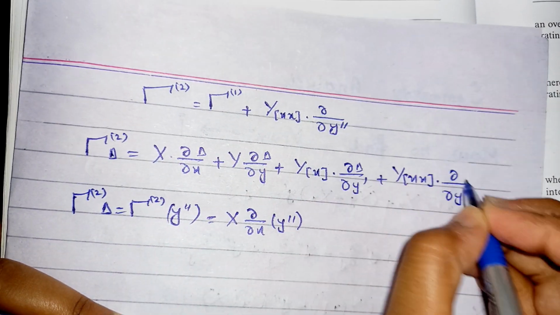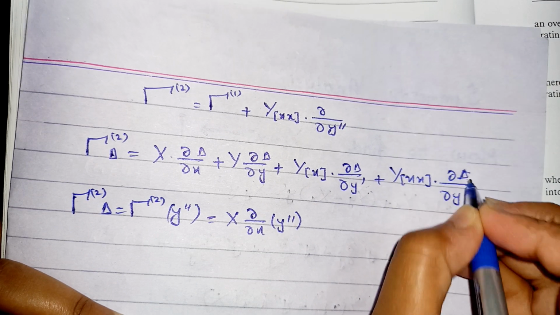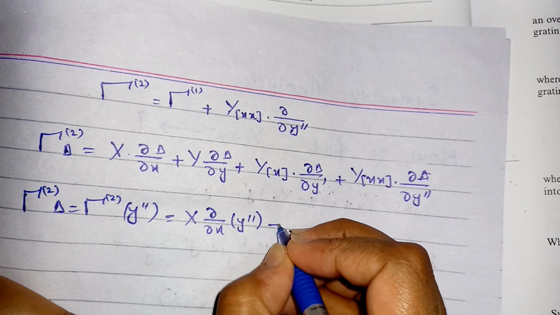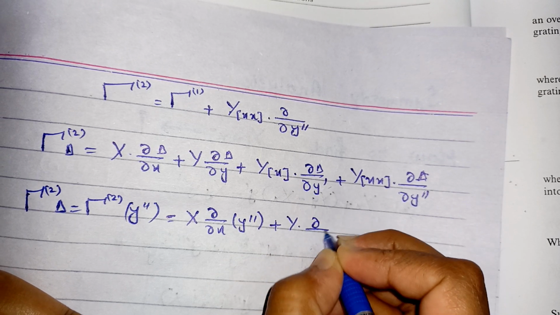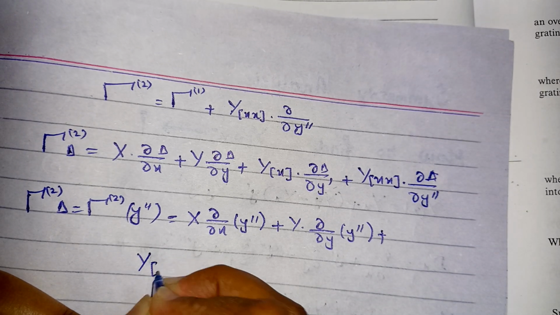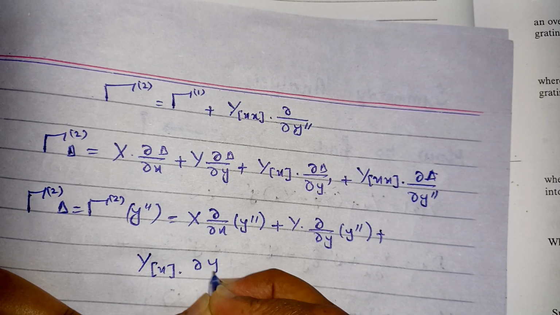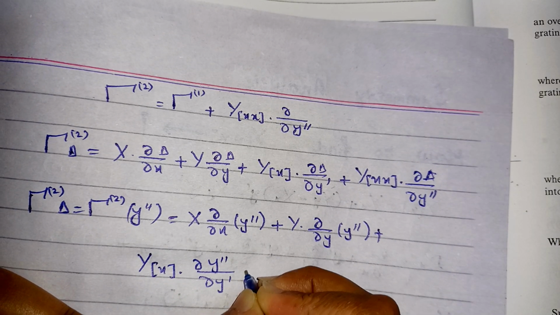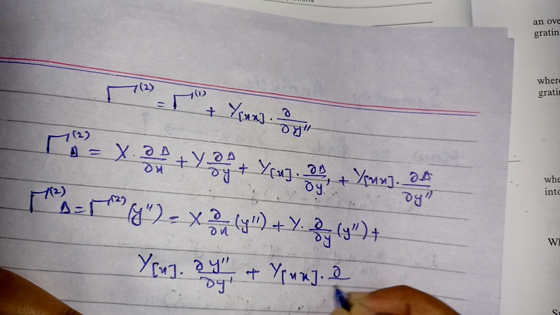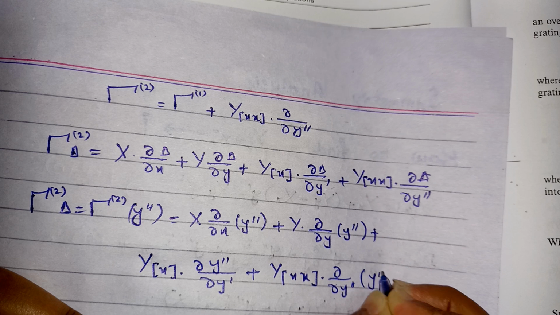Okay, so if you write the value of delta over here, then you can write plus capital Y partial by partial y into y double prime plus capital Yx partial y double prime by partial y prime plus yxx into partial by partial y double prime into y double prime.